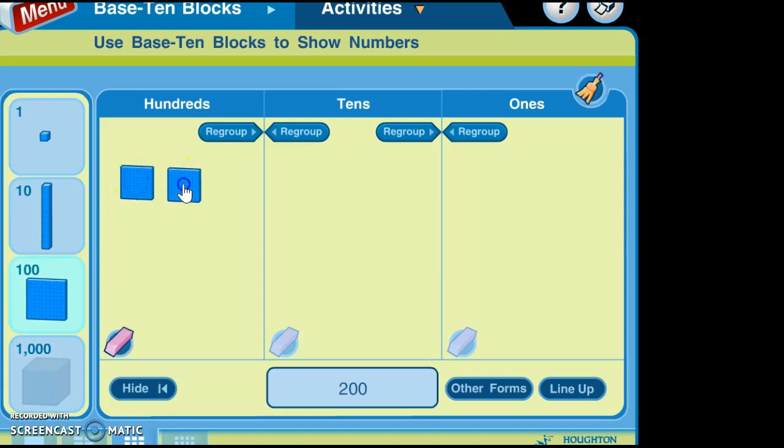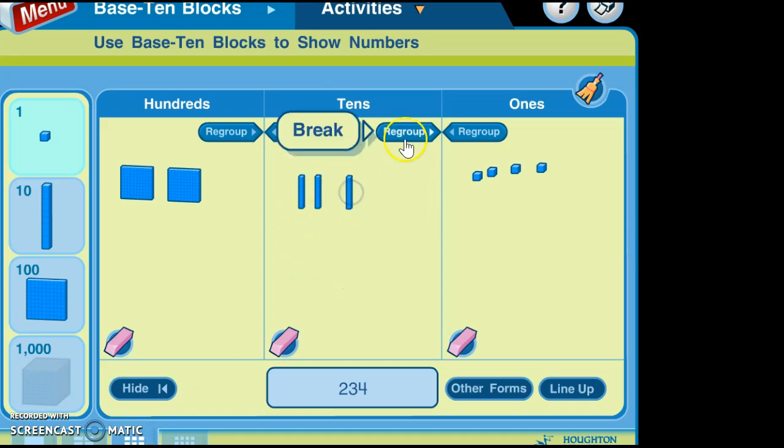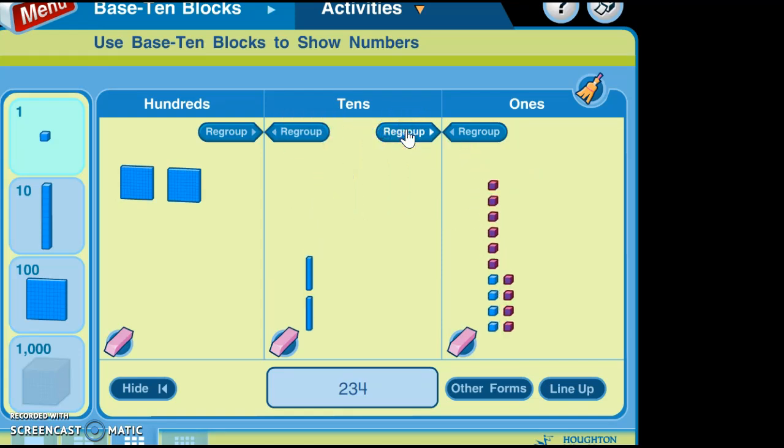Start with 234. Need to subtract 145. I don't have enough ones, so I'm going to take one of my tens and regroup it to a bunch of ones. Now I can take away 3, 4, 5.